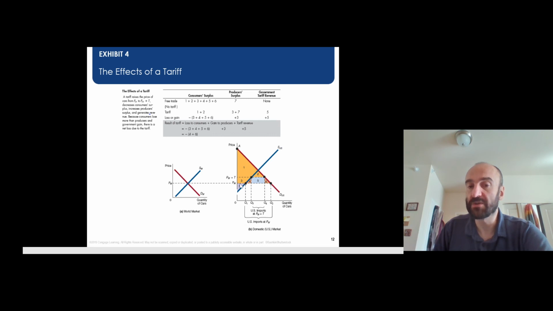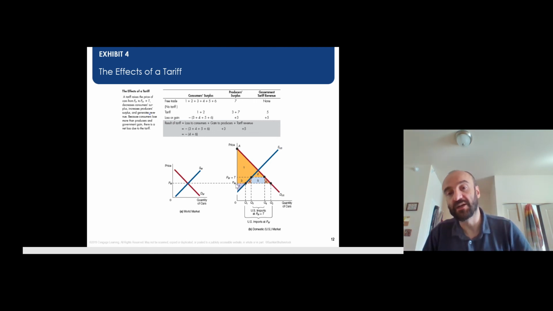Only those producers who can produce at a lower cost than the world price can afford to produce and sell on the American market. So triangle 7 will be the producer surplus of American steel producing firms in the free trade case. And Q1 will be the equilibrium quantity of domestically produced steel if there is free trade.